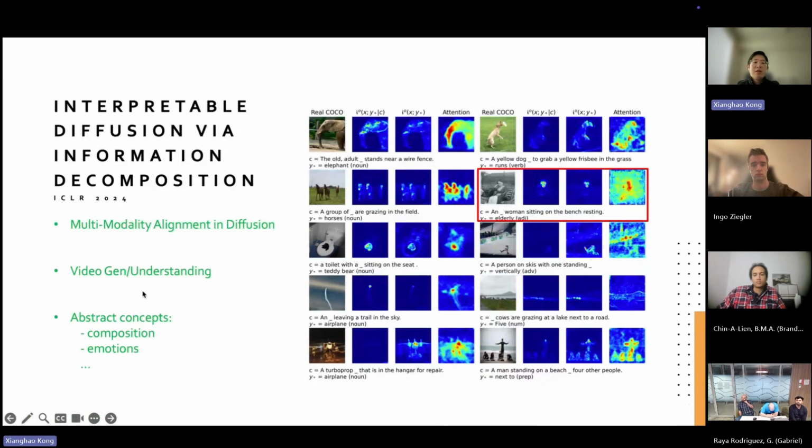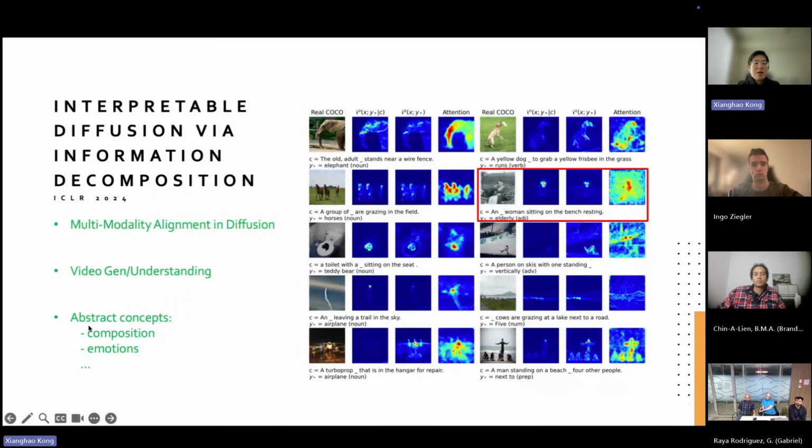But if we want to generate a video, we give a prompt, and in that prompt every word should make a difference, right? Especially abstract words like verbs and adjectives. It should show some difference in the video generation. So if we can improve this abstract concept alignment in the diffusion model, it can definitely improve video generation or video understanding.